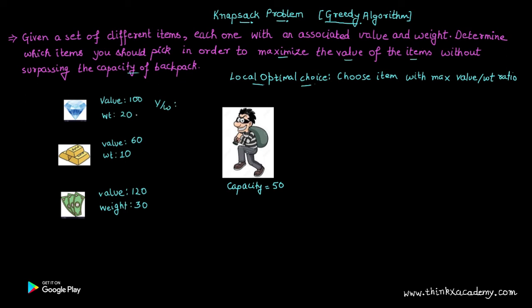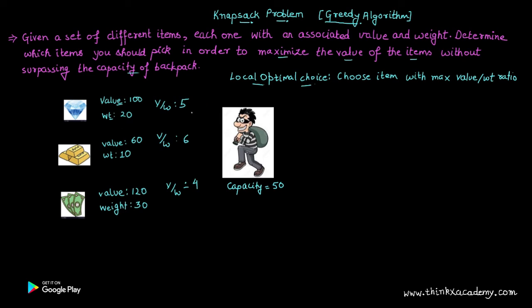In this case you can see that the value by weight ratio is 5. In this case it is 6, and in this case the value by weight ratio is 4. So what the thief knows is that these are the value by weight ratios. Basically I'm just assuming that the ratios are according to these values.